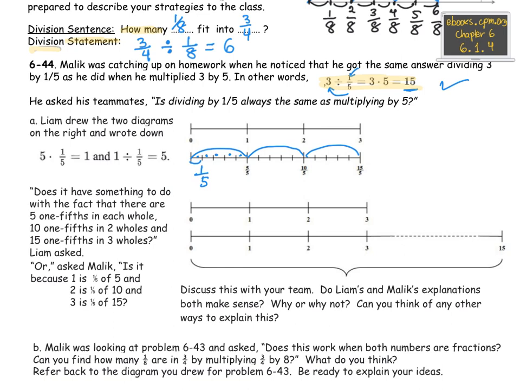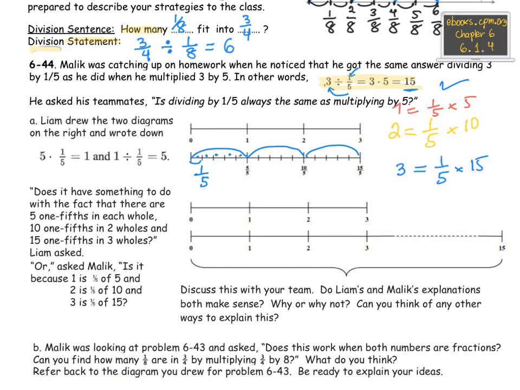Now let's take a look if 2 is 1/5 of 10. Well, the 10, do you see it somewhere? So let's see. 2 is 1/5 of 10. How can we make sense of that?